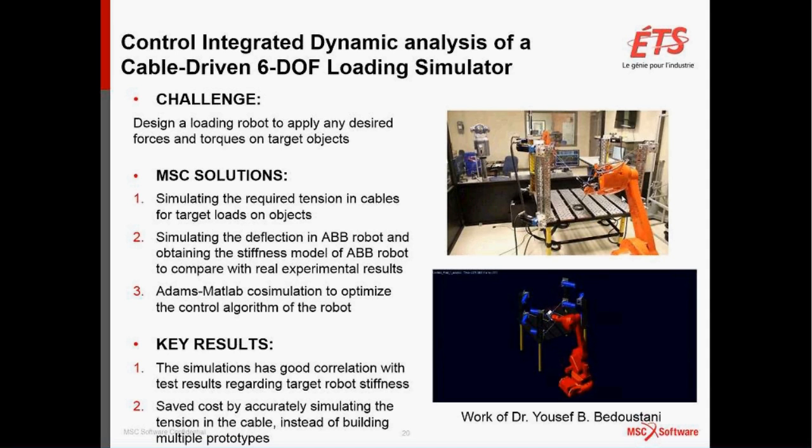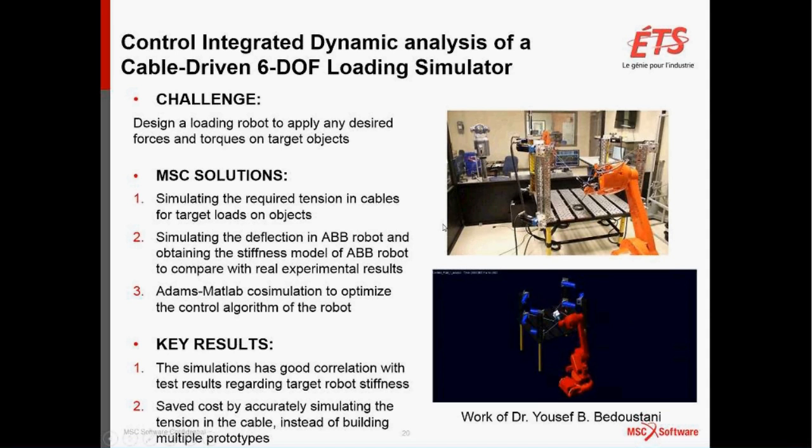And in this scenario, he used Adams to create a basically virtual physical prototype for this robot, as well as the target robot, which is the industrial robot. So what he did here is that he simulated the required tension in the cables that he used to drive or to apply loads on the objects.